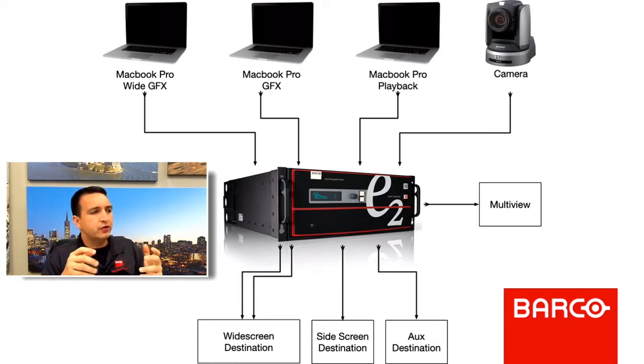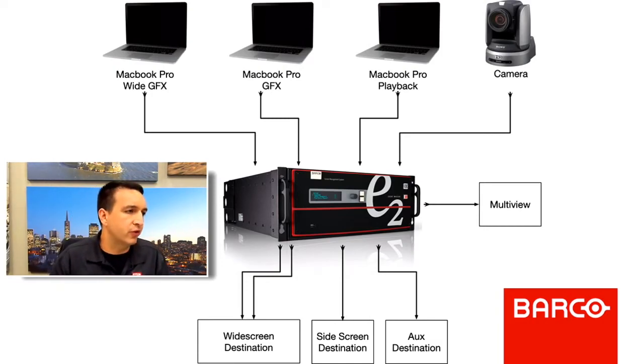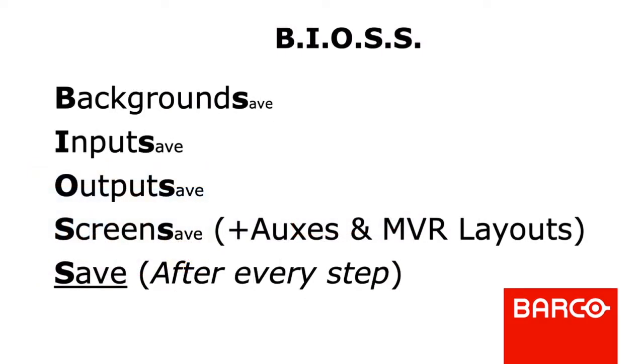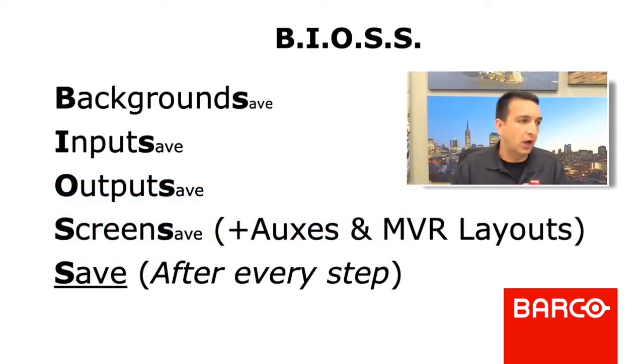And in order to do these setups, we do this awesome thing called BIOS. We have this acronym we call BIOS, which stands for backgrounds, inputs, outputs, screens, and save. And actually, what we say is BIOS, but what we actually mean is backgrounds, save, input, save, output, save, screens, save.